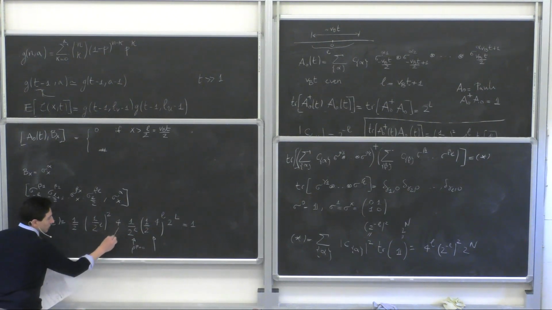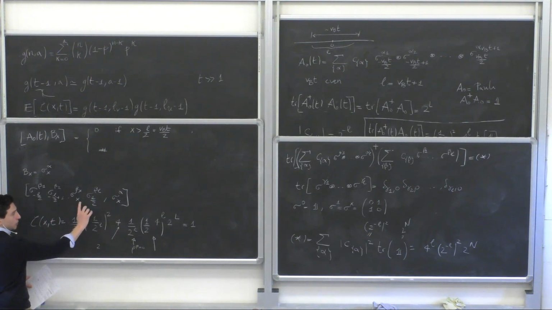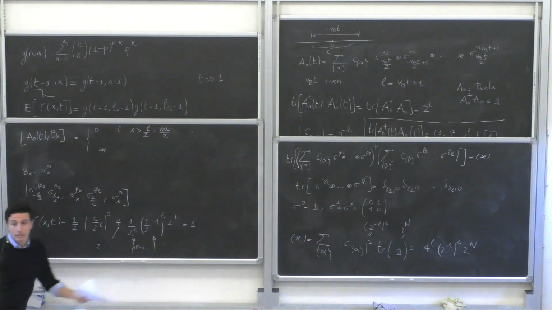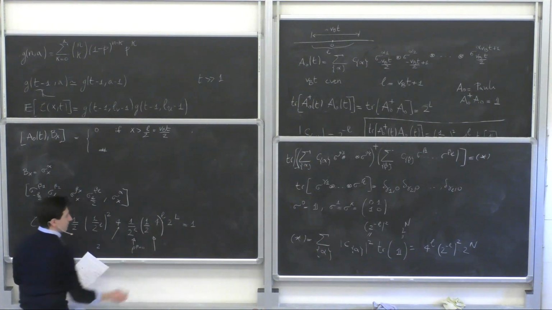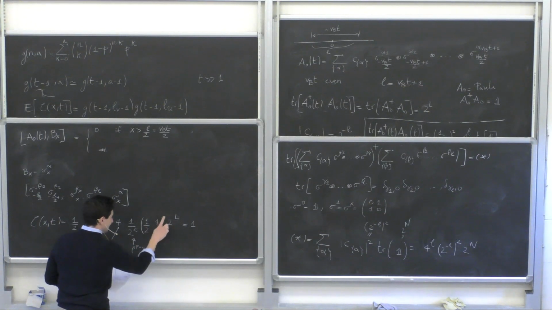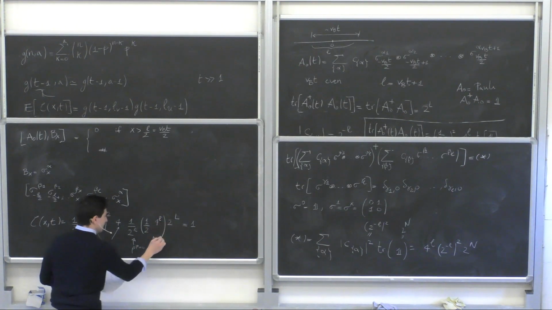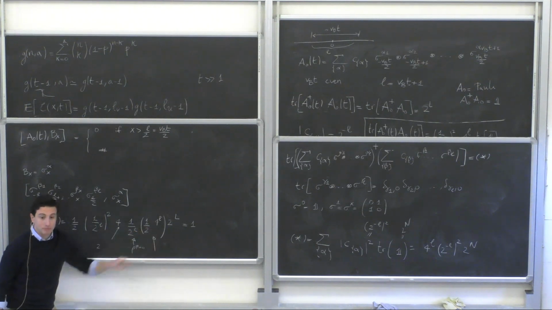And this 4 comes from the fact that the commutator gives you a factor of 2, because when it commutes, it's like multiplying by 2 with the correct Pauli matrices, and then when you square, you get a 4, and so this gives you 1. Is the L inside or outside the parentheses? Yes, so you have 4 to the L strings, and then you have half of that number.